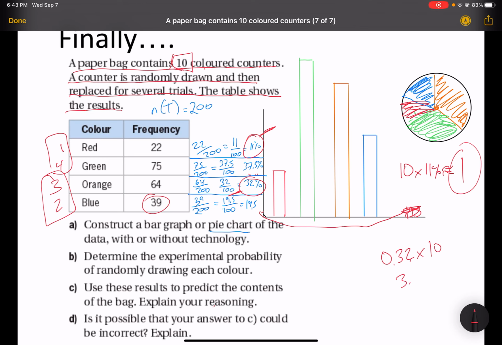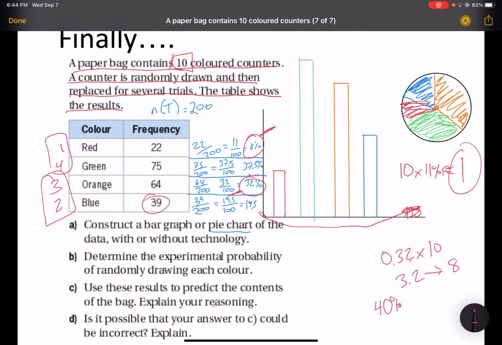And 40% of 200, you'd have to get 80, which is really far from 64 when you have that many trials, right? So the likelihood is that it's got 3 there, and of course, same reasoning for that.